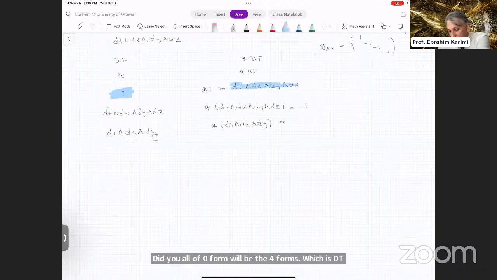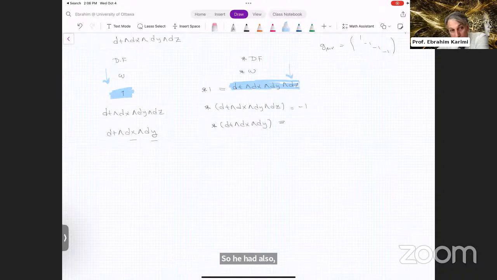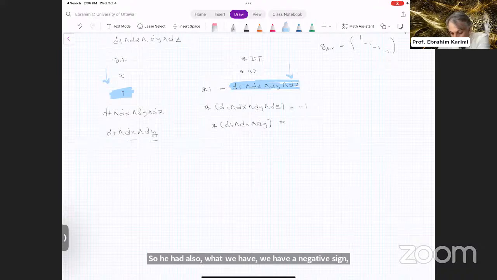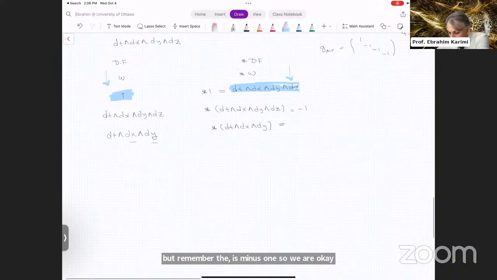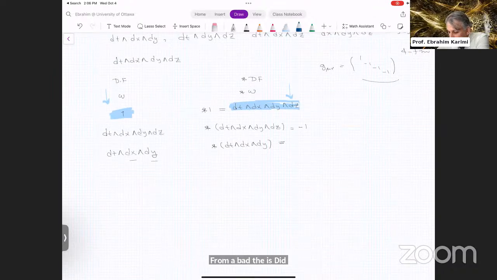We had no problem at all with this one. The metric that we had in the omega for this specific example was a plus sign. So here we also have a negative sign, but remember the metric is -1, so we are okay. The determinant of this is -1.